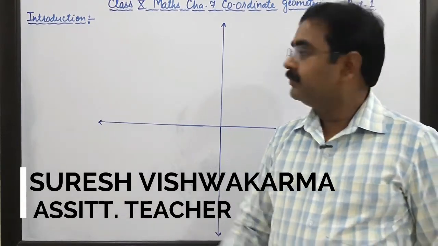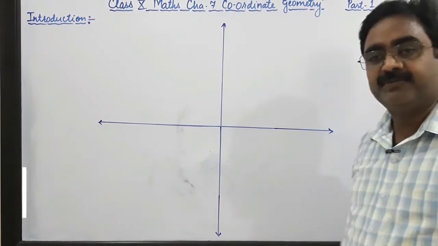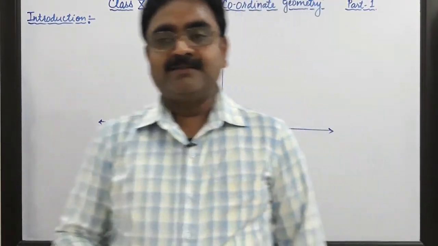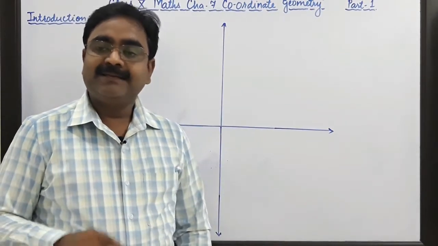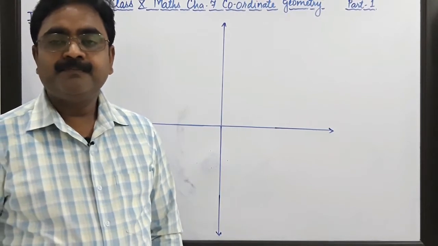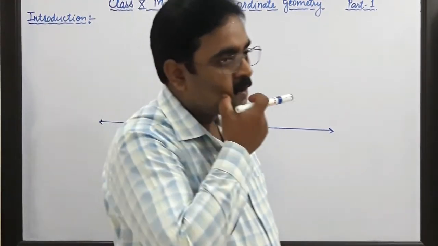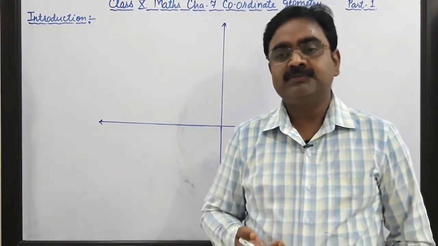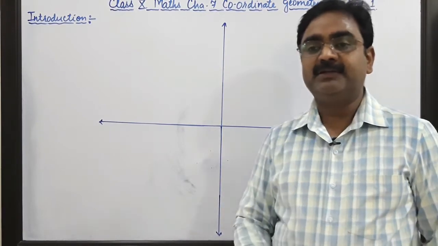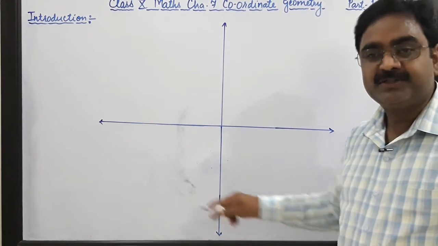Today we are going to introduce chapter 7, which is coordinate geometry. In this chapter, as earlier you have studied in class 9th, the introductory part of coordinate geometry, we studied how to locate a point in the Cartesian plane, meaning in the coordinate system.